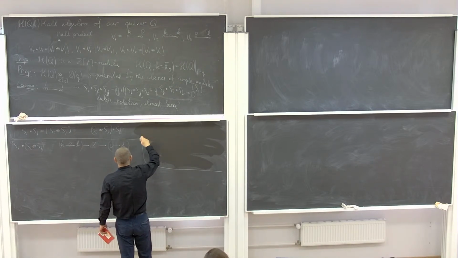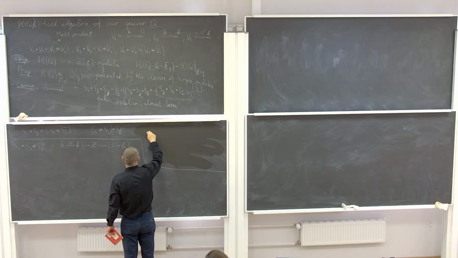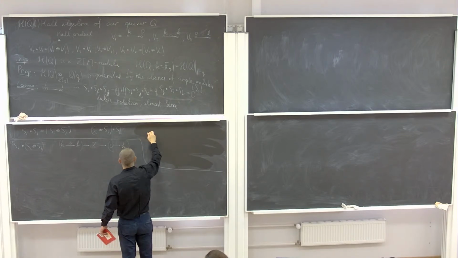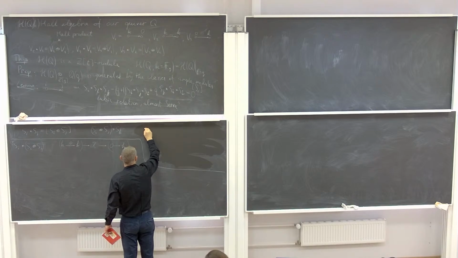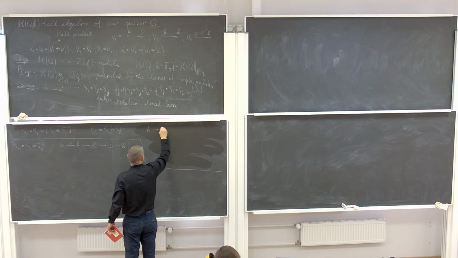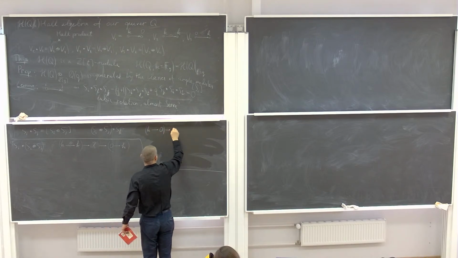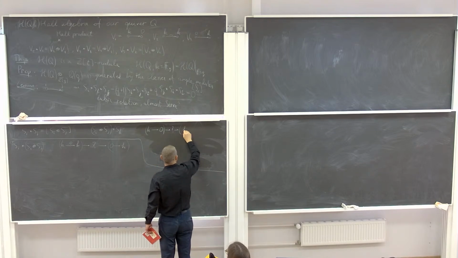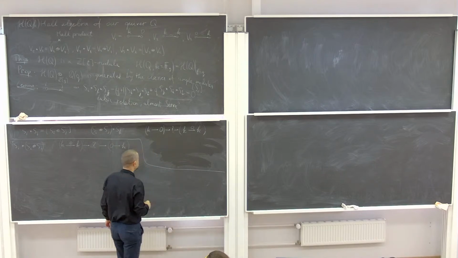And start afresh. So we'll have k goes to 0, to something, to k goes to k, like this.